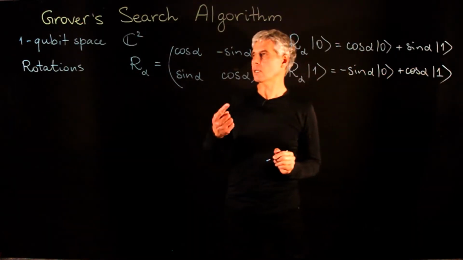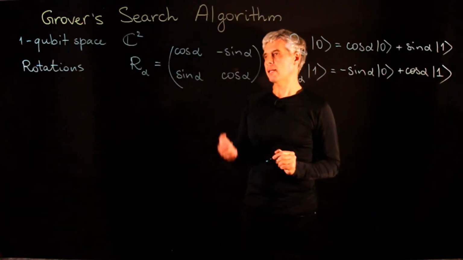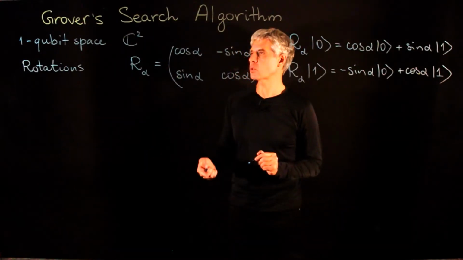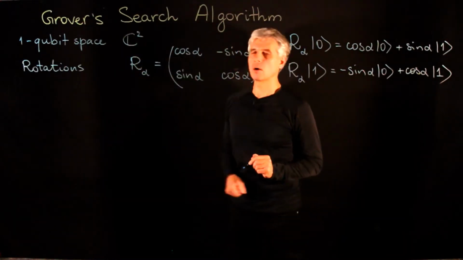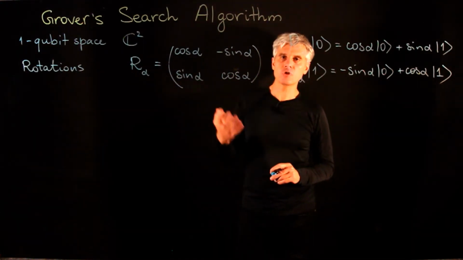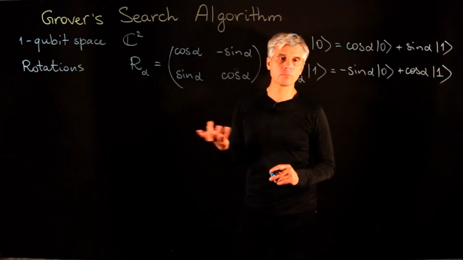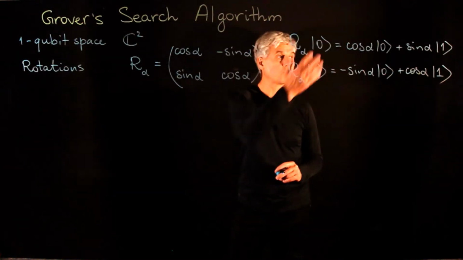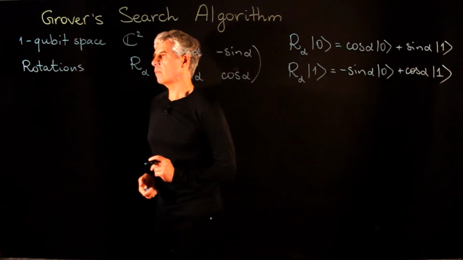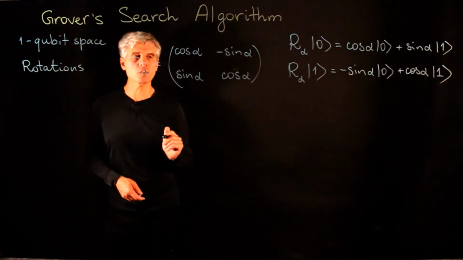This is an orthogonal transformation of R2, and any orthogonal transformation of R2 extends to a unitary transformation of C2. So this is a natural class of 1 qubit transformations that are not permutations, and they depend on a continuous parameter. Today we will need one specific example of rotation.